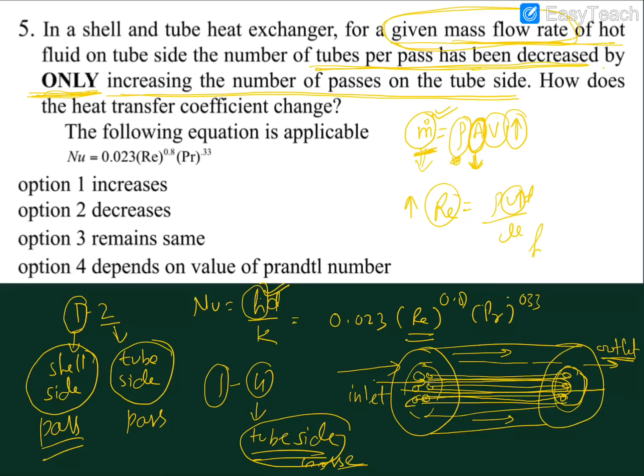If you see, H is directly proportional to Reynolds number raised to the power 0.8. We have found that Reynolds number is going to increase. So if you compare these two, since Reynolds number is going to increase and the heat transfer coefficient is directly proportional, the heat transfer coefficient is also going to increase. So our option will be that the heat transfer coefficient will increase.